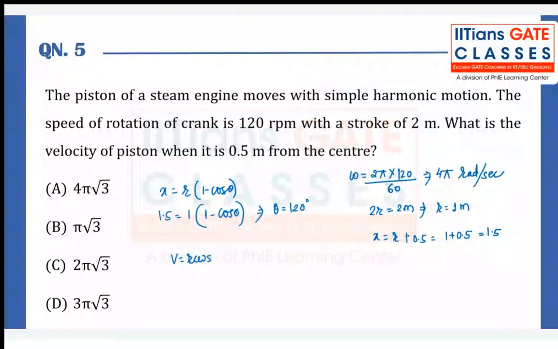V is equal to r omega sine of theta. r is 1. The value of omega is 4 pi and sine of 120 is under root 3 by 2.